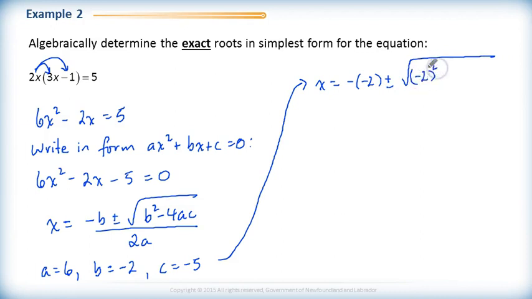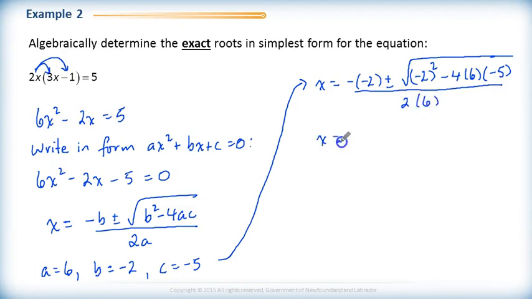Make sure you use brackets there because you're squaring the whole thing. Now, minus 4 times a is 6, and c is negative 5. And we're all over 2 times our a value, 2 times 6.